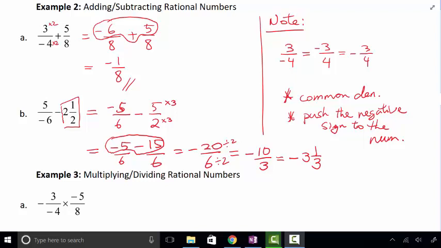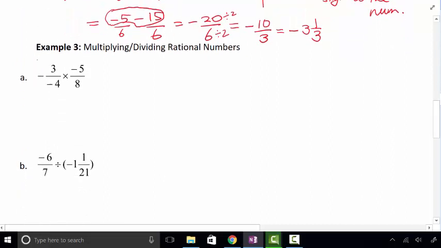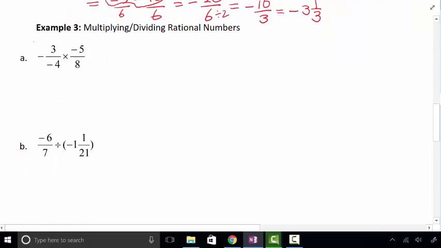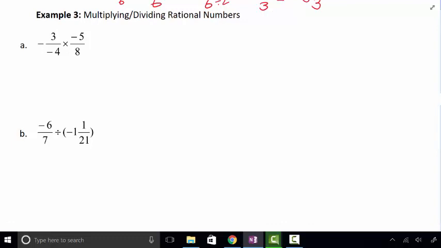Alright, so now let's go to multiplying and dividing rational numbers. So let's take a look here, and it looks fairly ugly because there are so many negative signs. So let's just simplify this. What I want to do here is look at this fraction right here, and what does it have right beside it?